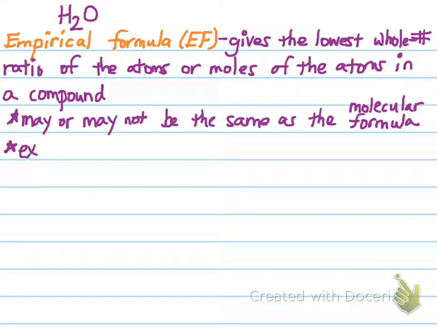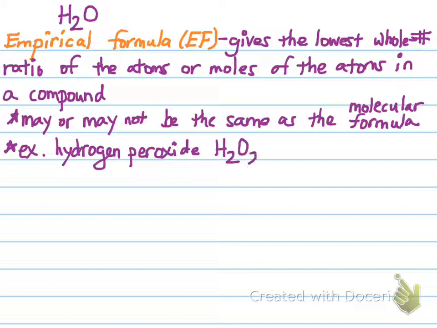For example, hydrogen peroxide. The formula for hydrogen peroxide is H2O2. That's our molecular formula. Now, is 2 to 2 the lowest whole number ratio?